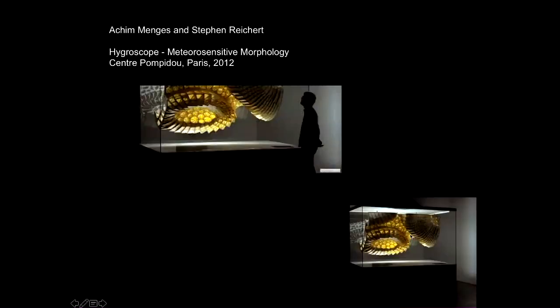You put some mist in, increase the humidity in this glass container, and this structure made out of wood would change and move, and some of these scales would open up. And then they would dehumidify this container, and the structure would close.